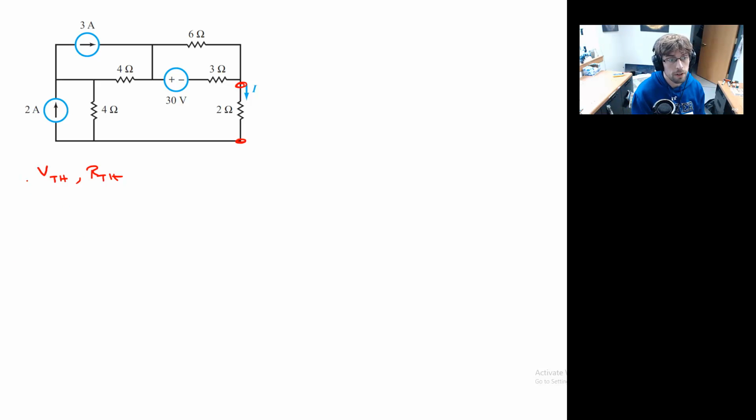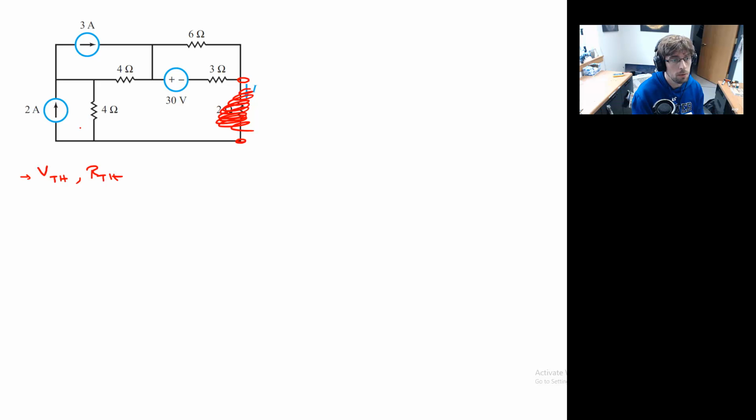First off, let's remove the load. We're going to get rid of this one right there. Then we have to calculate the potential drop across these two open terminals. Since I have a bunch of current supplies on the exterior of the loop, let's do mesh current.